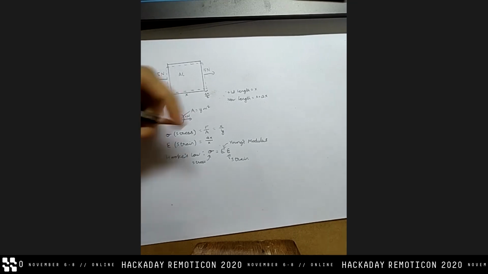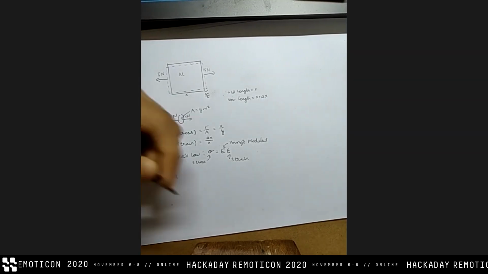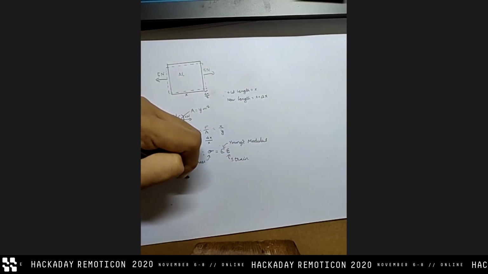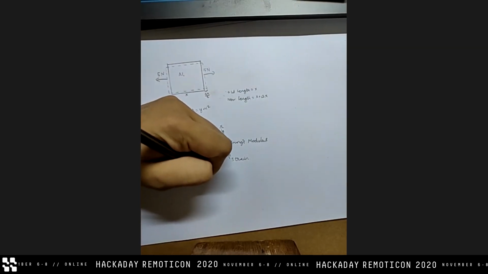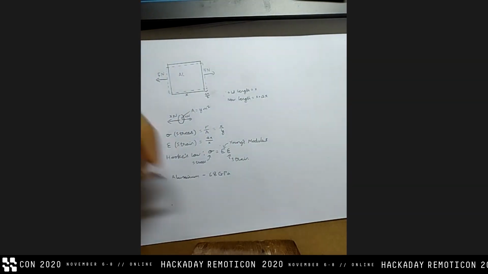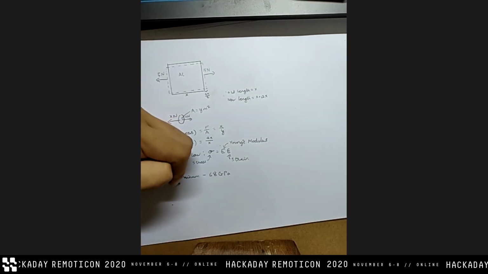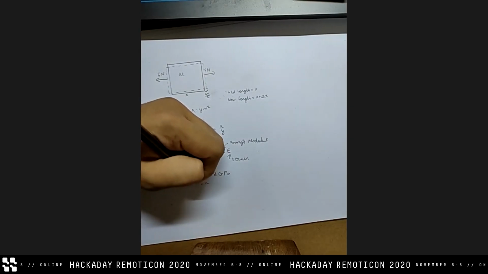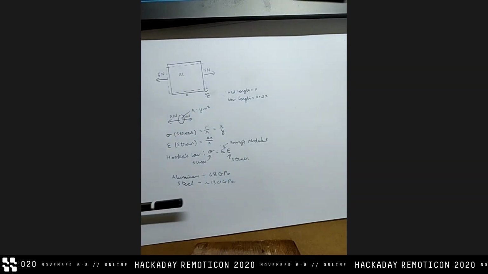For instance, for aluminum, the typical Young's modulus value is 68 gigapascals. For steel, it is around 130 gigapascals. So you can see these are some really large values.